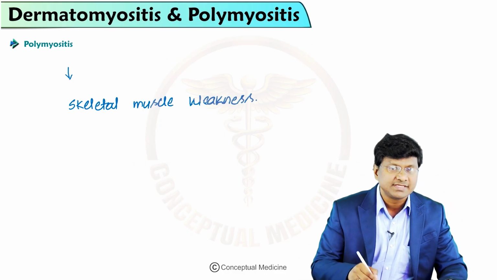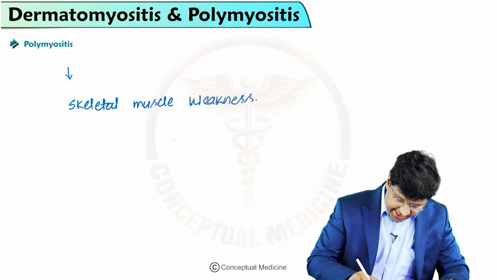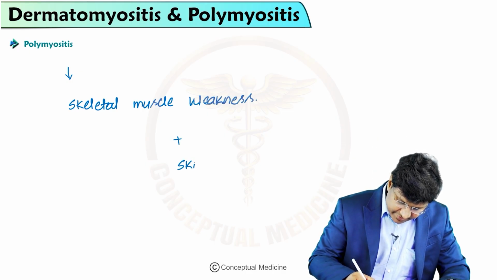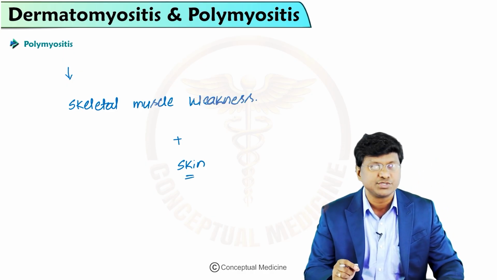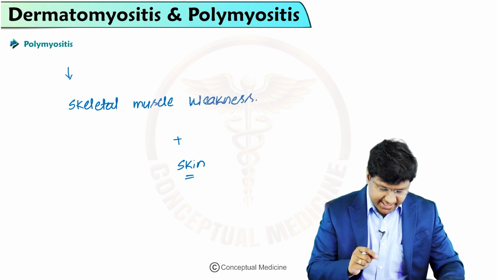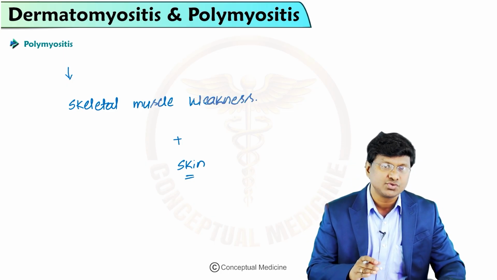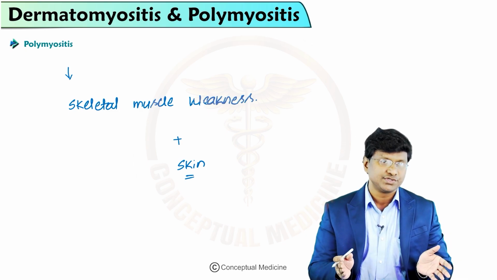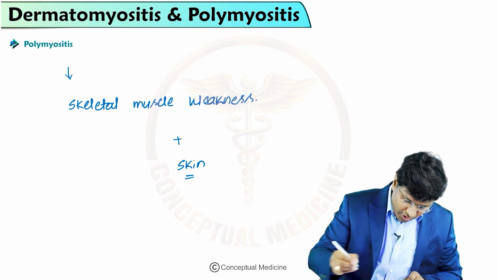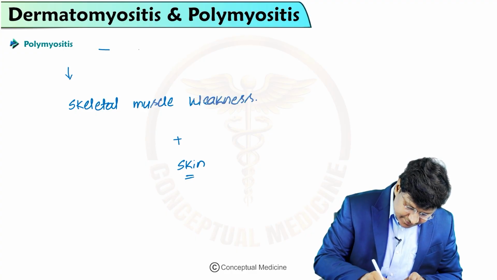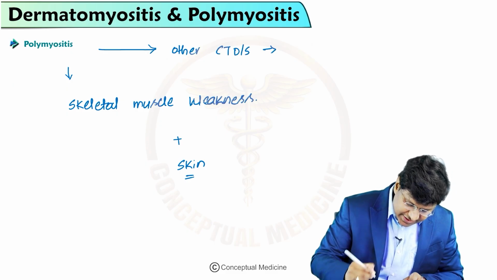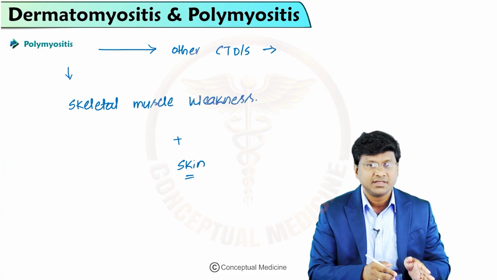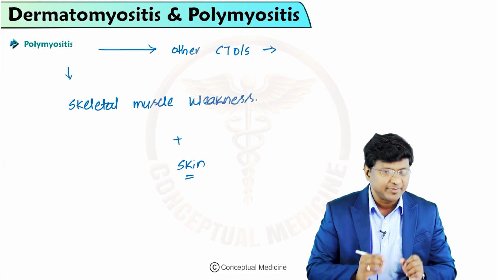So there will be skeletal muscle weakness, and along with that, there will be dermatological findings also in these patients. And this polymyositis may be associated with other connective tissue diseases also. What are the other connective tissue diseases that you will see in association with polymyositis or dermatomyositis?